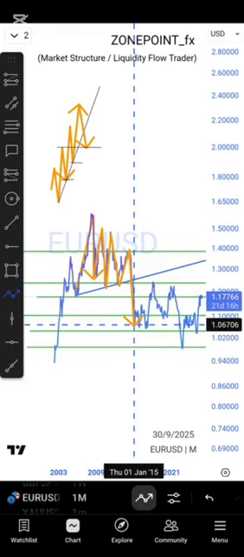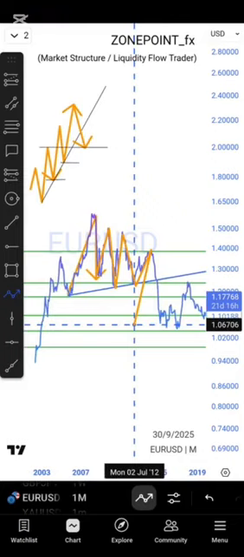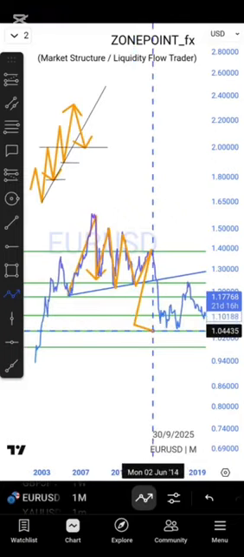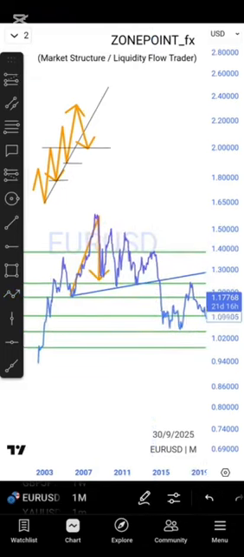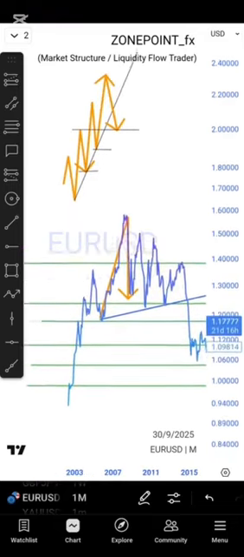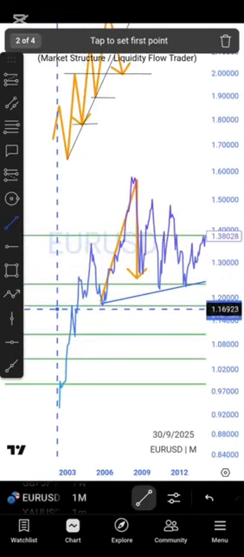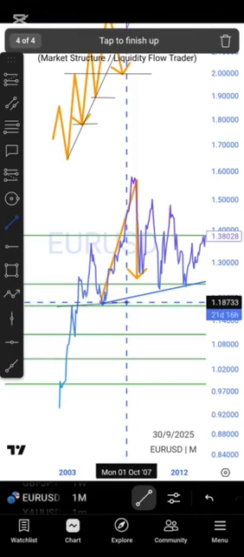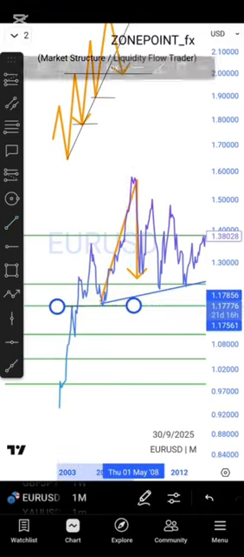Immediately price breaks below, we'll be looking for another point of interest, which is this. This level has been used. People that trade MSN, this level has been used.